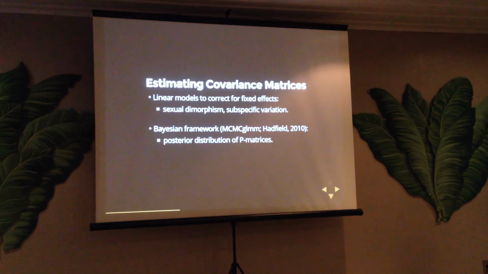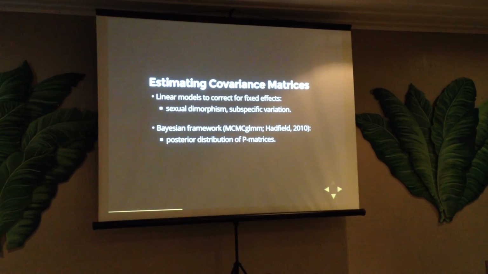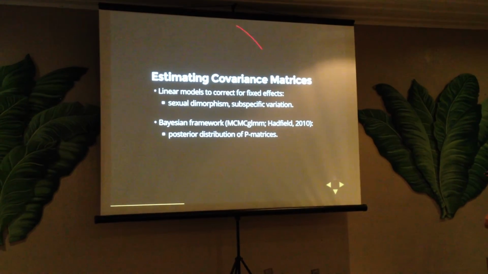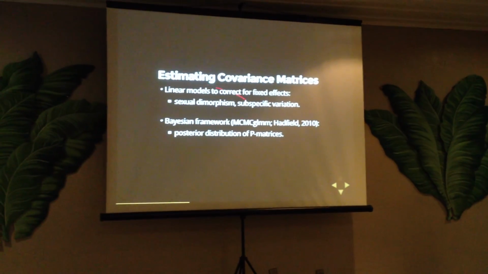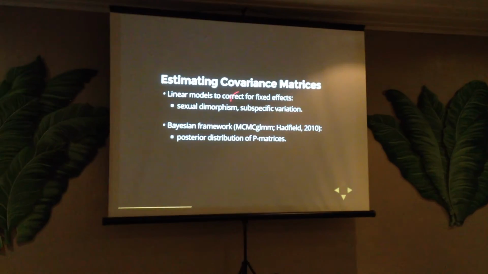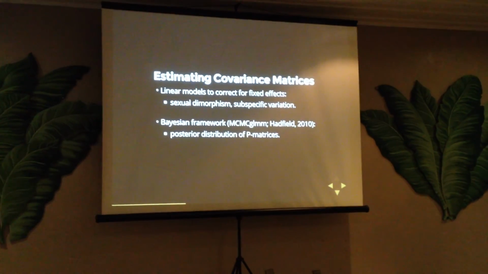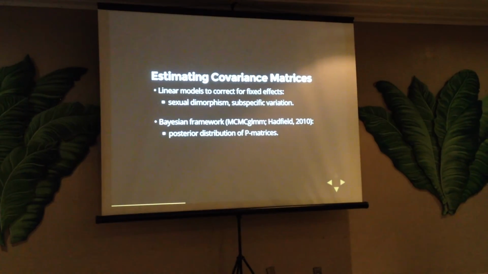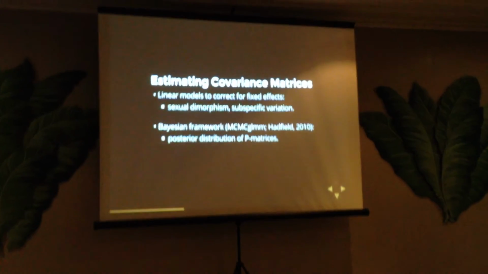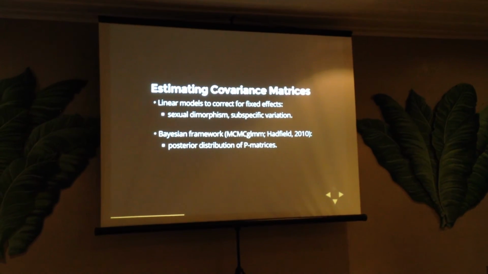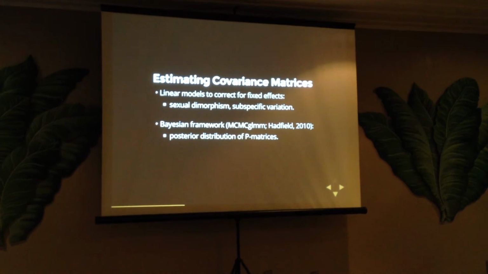So, how do we estimate covariance matrices for each one of these species? We use linear models to correct for fixed effects of little interest in this context, such as sexual dimorphism and subspecific variation. To estimate covariance matrices using these models, we are working under a Bayesian framework, which allows us to estimate a posterior distribution of P matrices that allows us to represent uncertainty in estimating these matrices.